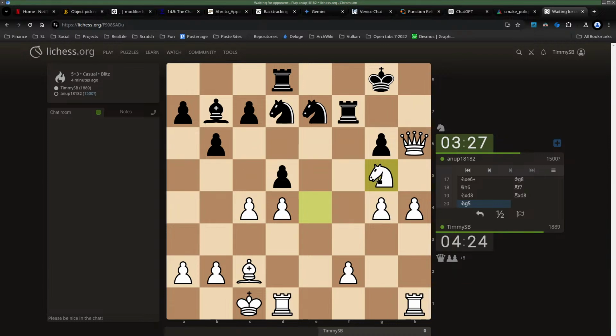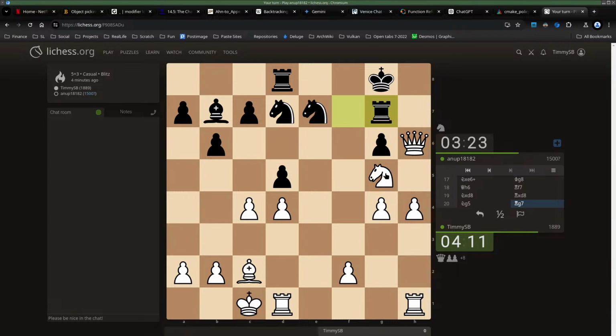There's a new knight here. It goes to the same square. Yeah, it would be. See, it looks like quality, but it isn't.